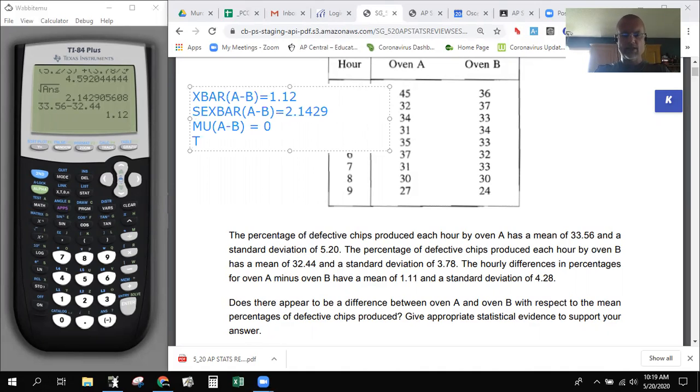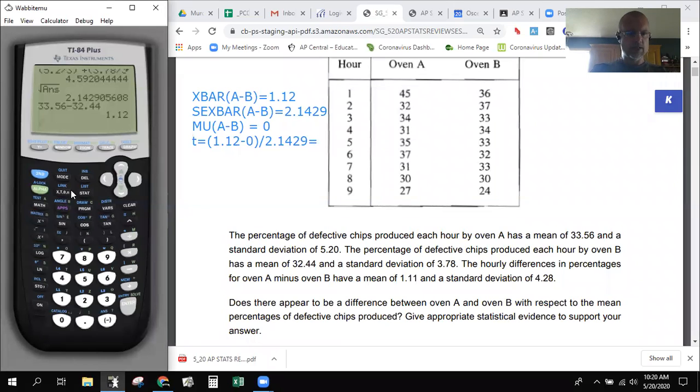So now the t is equal to 1.12 minus 0 divided by 2.1429, which is equal to, so I'm just going to come over here and hit divided by 2.1429, 0.52. So I have a t-score of 0.52.